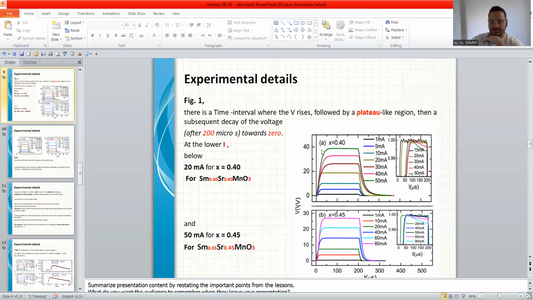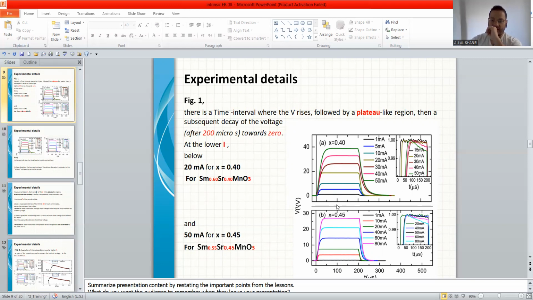And after that, at this flat shape, the results will be constant. For example, after 50 milliseconds, the result will be something like constant until 200, and after that the voltage will decrease again.